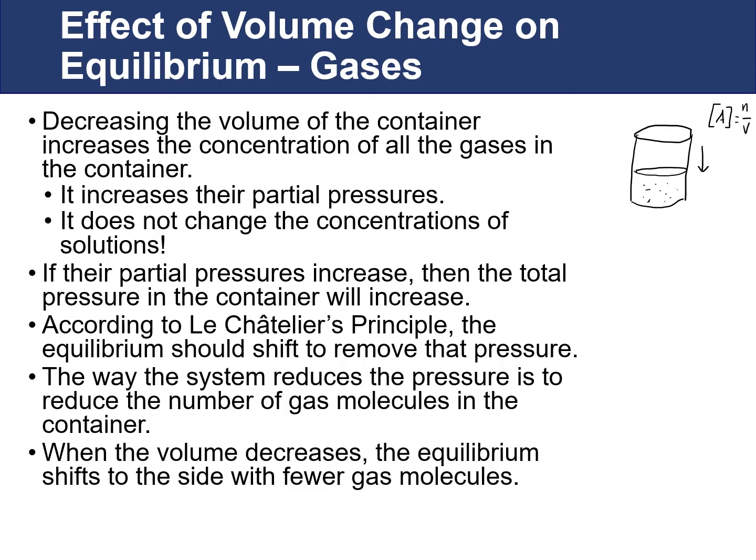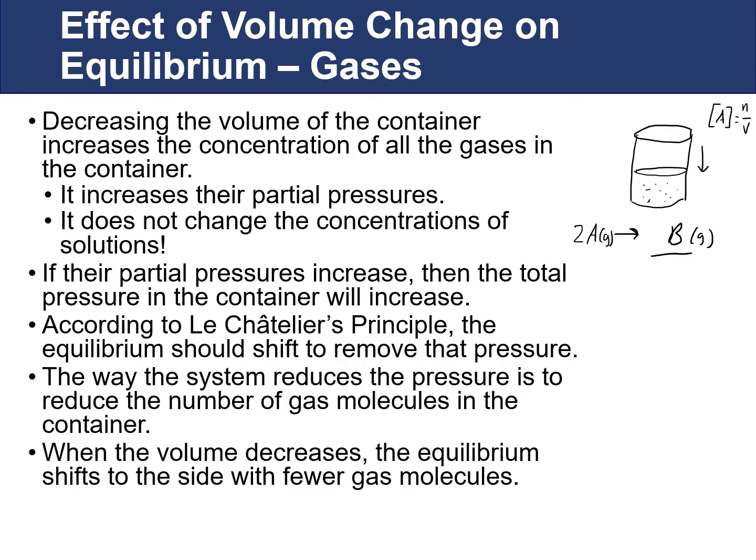In terms of Le Chatelier's principle, we can simplify this by saying if we reduce the volume of the gas, then the reaction will move in such a way to reduce the amount of volume needed for the gas. How that will work is if we have, let's say, a reaction of 2A going to a single B, if they are both gases, the B value takes up less volume.